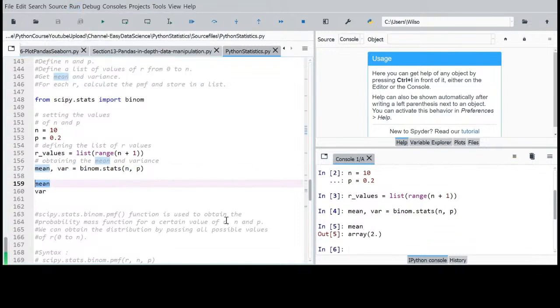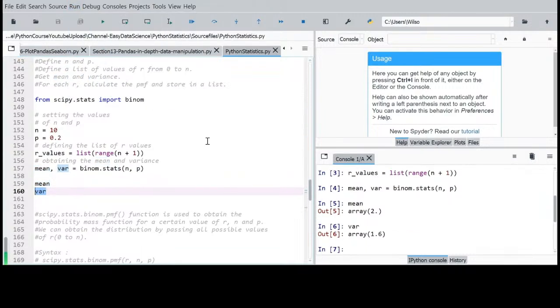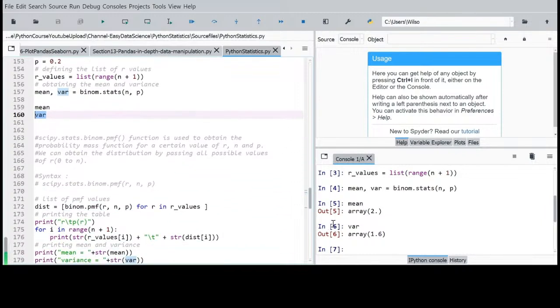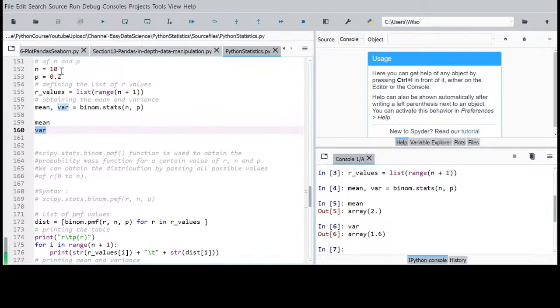So the mean is 2, and the variance is 1.6. This is actually the result of n times p. These two numbers multiplied get 2 for the mean value, and n times p times q, that is 10 times 0.2 times 0.8, equals 1.6 for the variance.